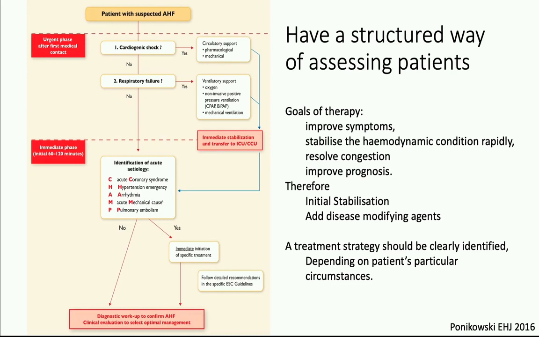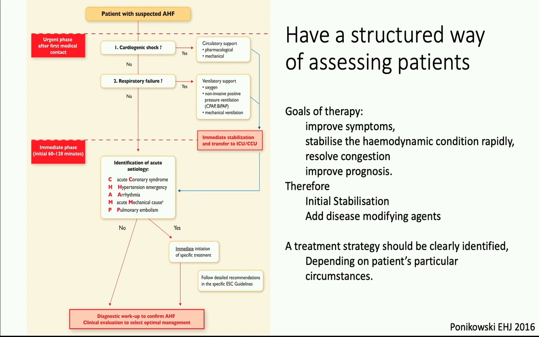This slide comes from the European Society of Cardiology guidelines on acute heart failure management. Essentially, one has to have a very structured way when dealing with a patient who has an acute heart failure syndrome. The aim is to improve symptoms and stabilize the hemodynamics of the patient as rapidly and as safely as possible.